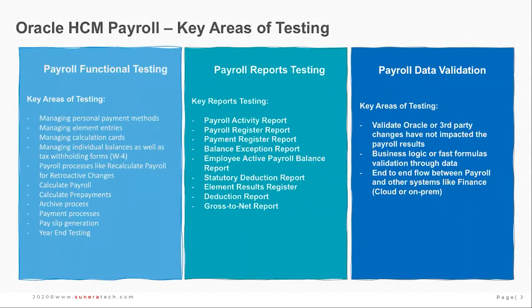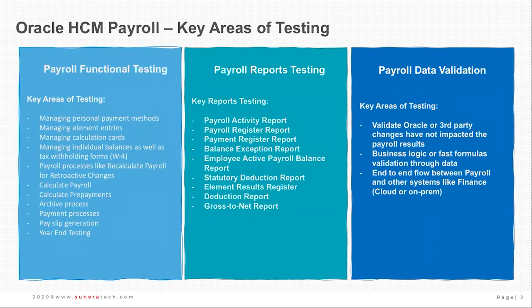The major area that we should focus on when we do payroll functional testing is the personal payment methods, the element entries that we enter for each element, whether it could be earnings or deductions, managing the tax calculation cards, and managing the individual balances.